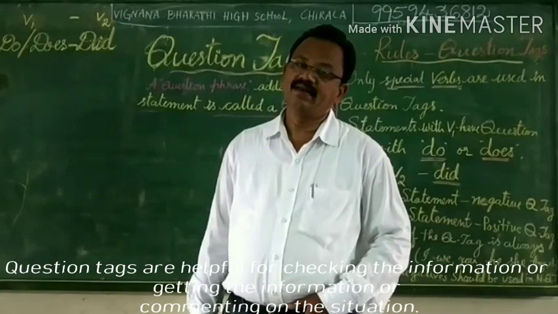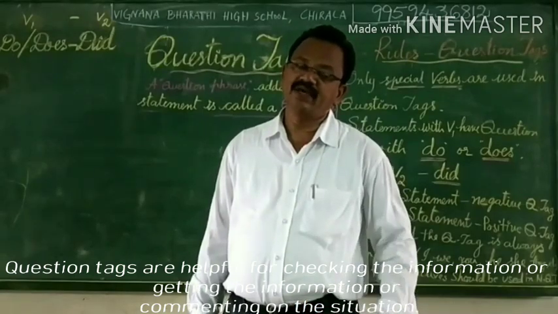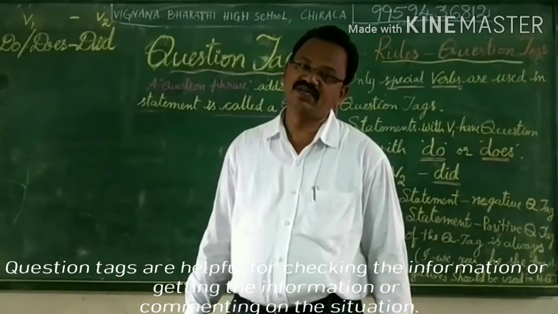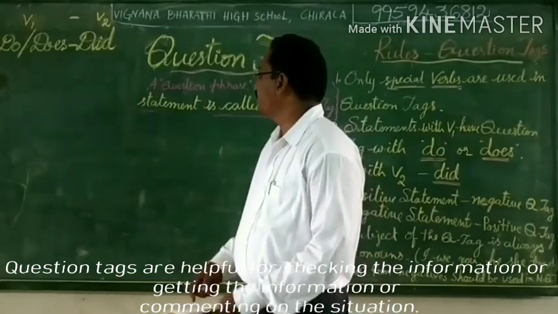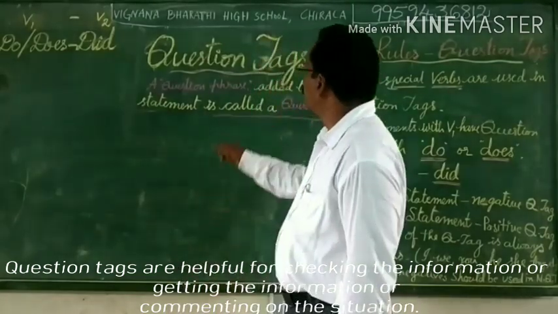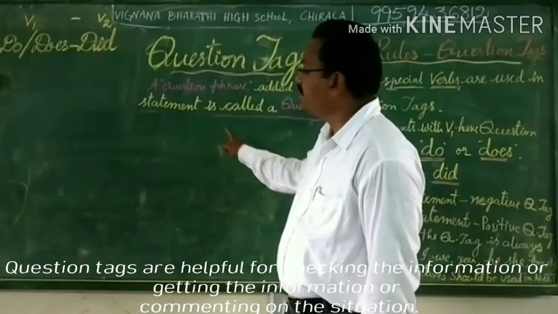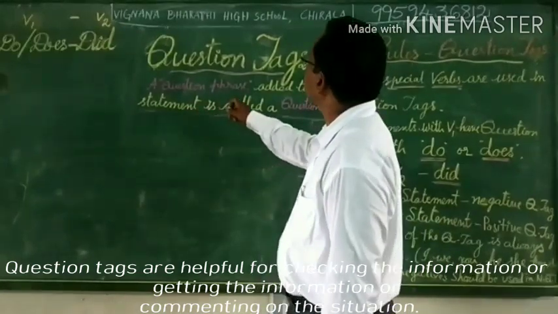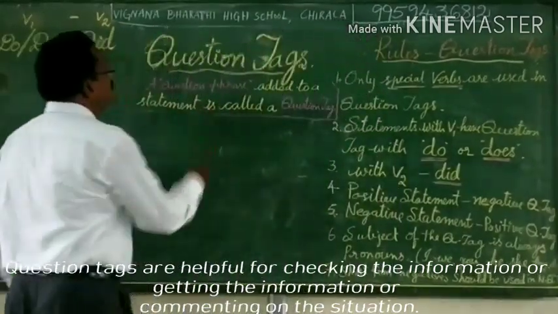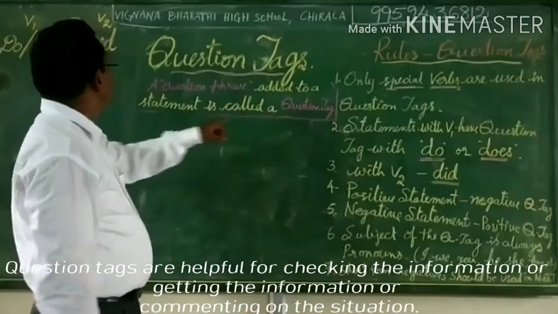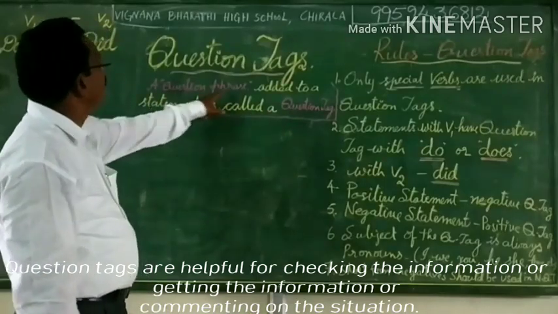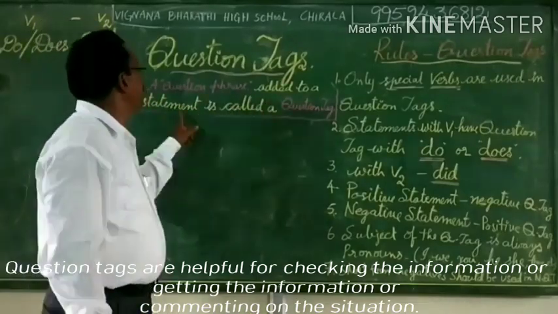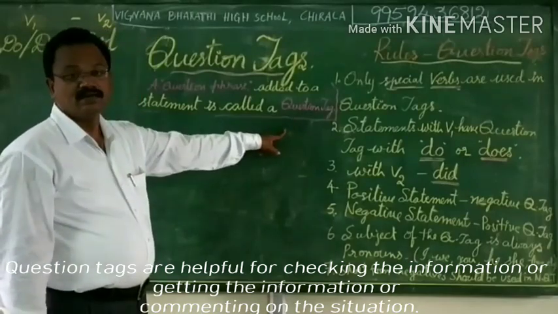First of all, again, I need to define the question tag. What is a question tag? I already explained in the previous session. A question phrase added to a statement is called a question tag.